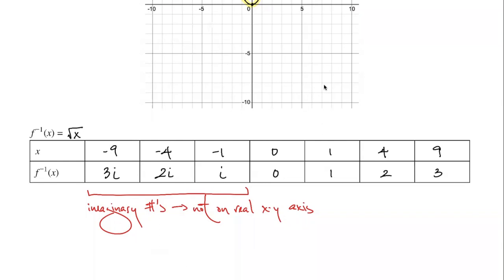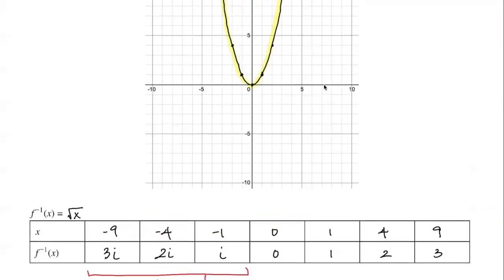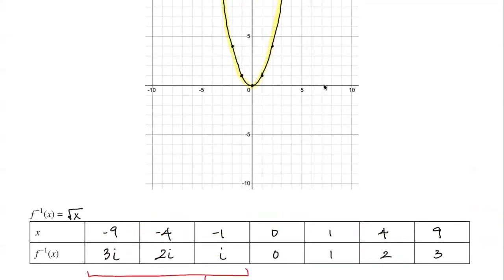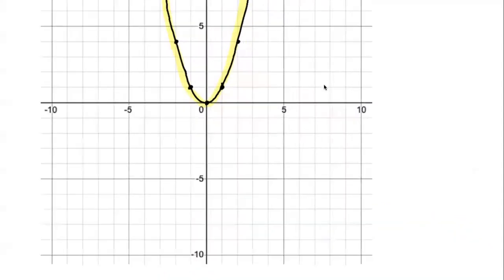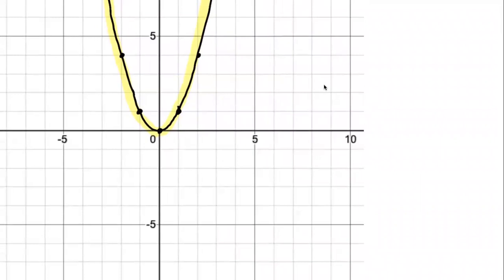So if we were to graph the square root of x, right, we're going to just graph the real numbers that we see. (0, 0), (1, 1), (4, 2), (9, 3). So let's see what that looks like.